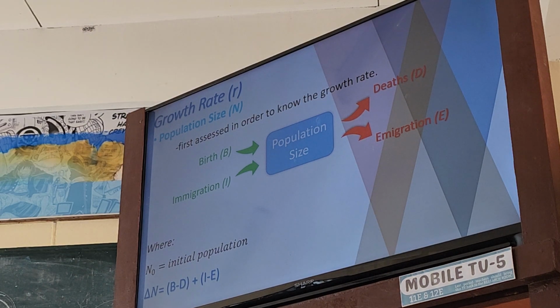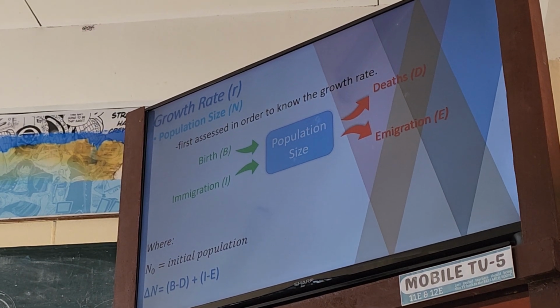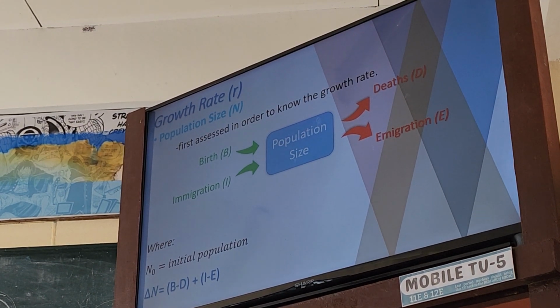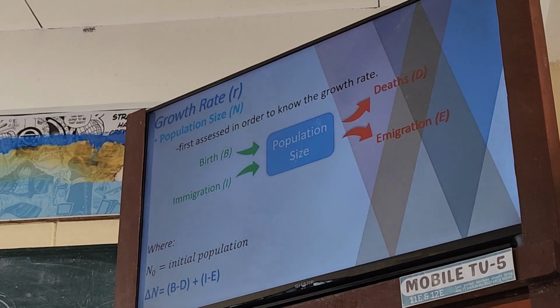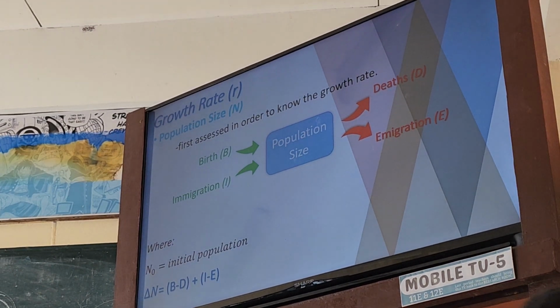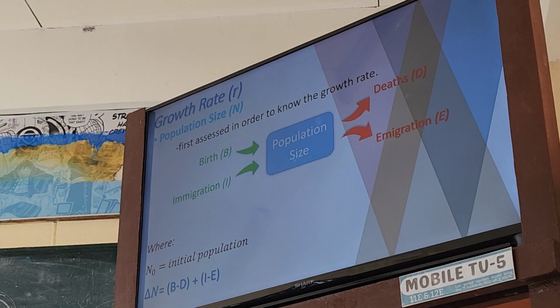So what do we need as data to identify growth rate? First, find the change in the population size. That's delta N. How do we identify the change in population size? Get the data for birth, death, immigration, and emigration.